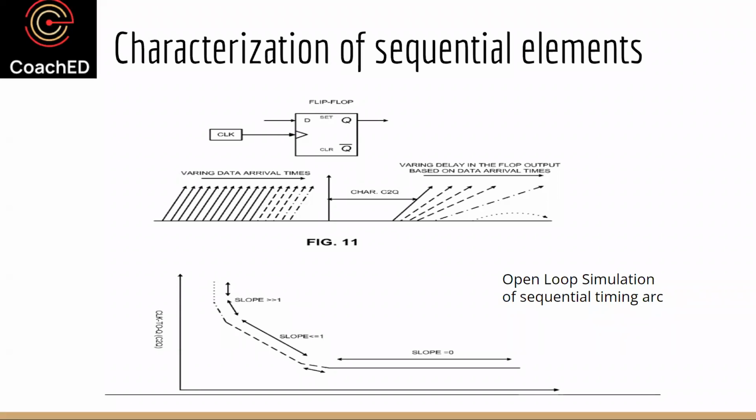One combination requires 500 sims. How many combinations are there of data and clock transition? 5 into 7, which means 5 into 7 into 500. So you're talking about 17,500 sims. Is it clear? Total 17,500 sims are required.